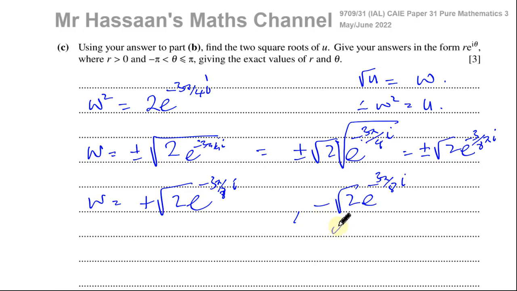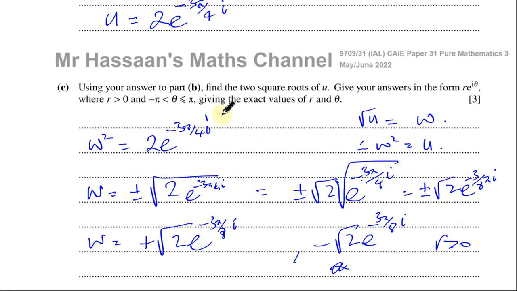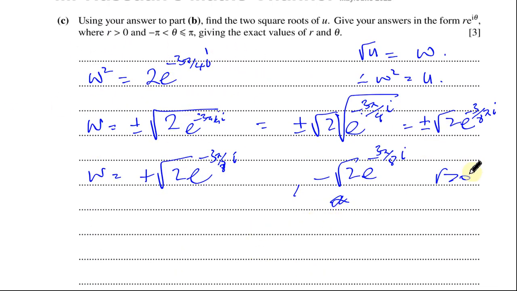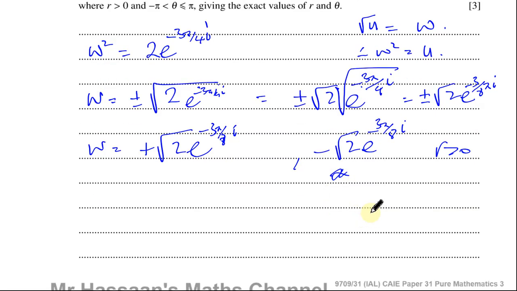Now, we have to readjust this because we know r must be greater than 0, as they told us. This r is greater than 0. Here, r is less than 0. So we've got to think about how we can deal with this. So one of the answers for w is given by this, and the other answer is given by that.